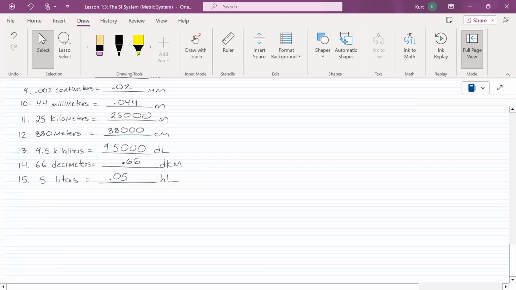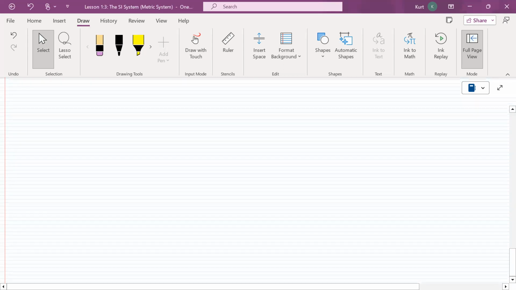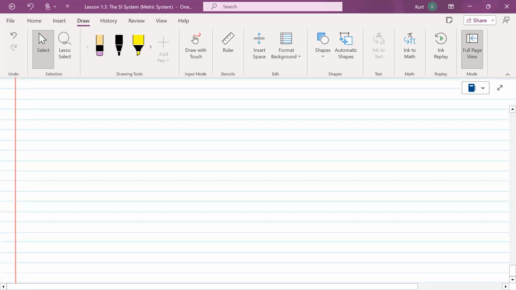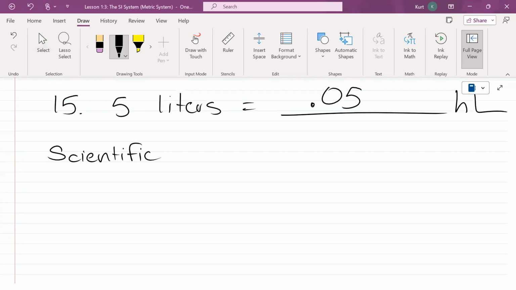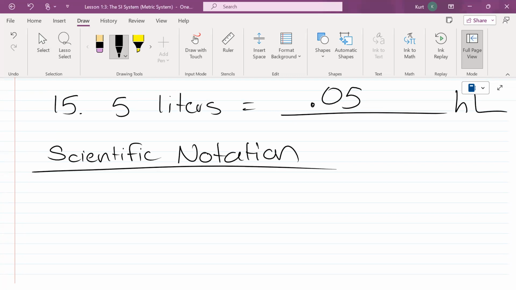You are now going to learn scientific notation. Go back to your notes now. No, it's still part of 1.13.